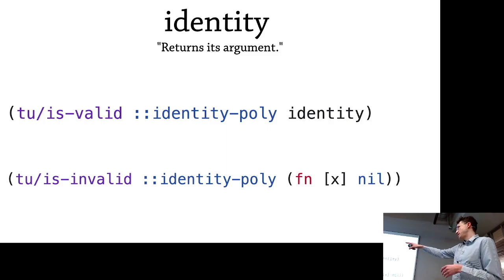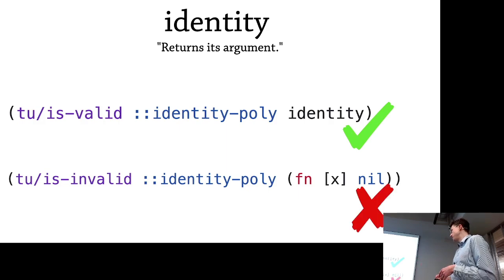This is saying that the identity function is of this spec, and that this function that returns nil all the time is not. And if you've used spec before, you'll know that this is different from any to any. This tells us that the library has checked whether it returns its argument.